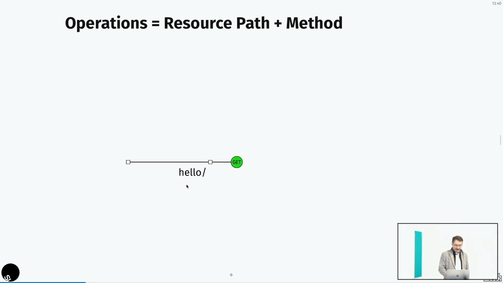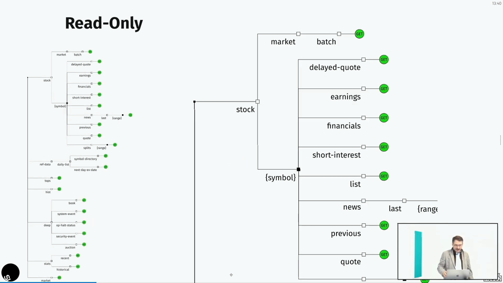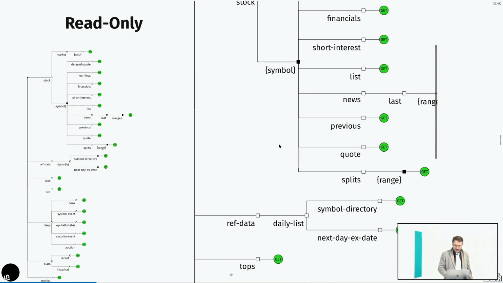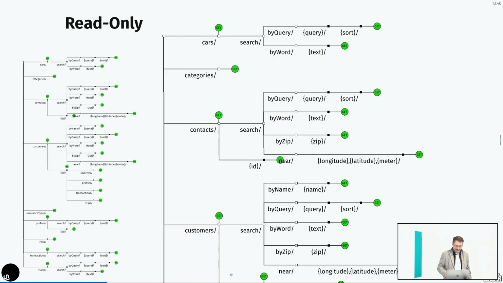So of course, if you have a single endpoint and a single operation, then you just say, okay, this is a get operation on the hello resource. If you have a set of resources with also in this case only get operations, then you can visualize the structure of the API. And this structure can become quite complex.